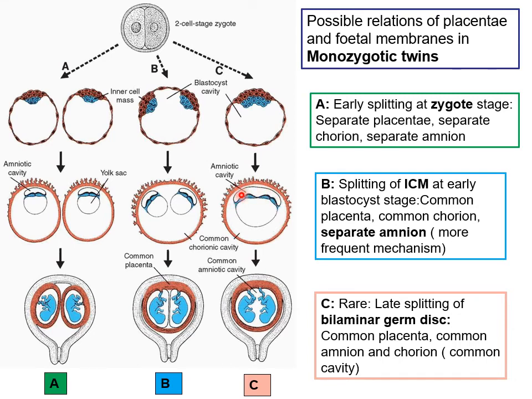See, so they will have a common placenta, common amniotic cavity, and common chorionic cavity. So these are the three ways in which monozygotic twin pregnancies can present, depending on when the splitting has occurred. A is the early zygote, B is the blastocyst stage, and C is late, at the inner cell mass stage.